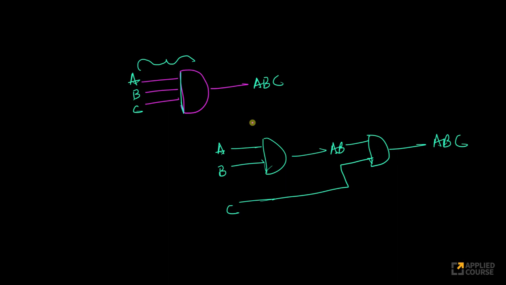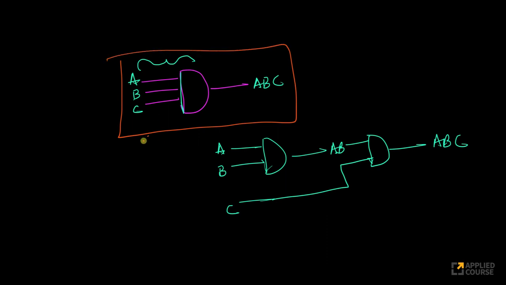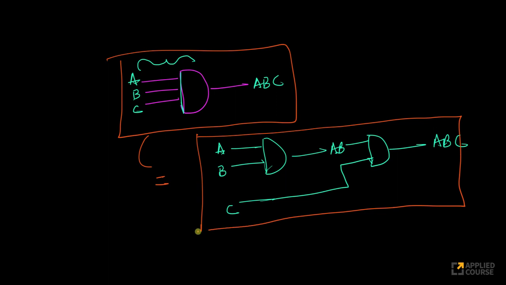So then you just create a very simple solution. Remember that this is equal to this circuit. If you have AND gates which only take 2 inputs, you use 2 AND gates, and you can still get A dot B dot C.